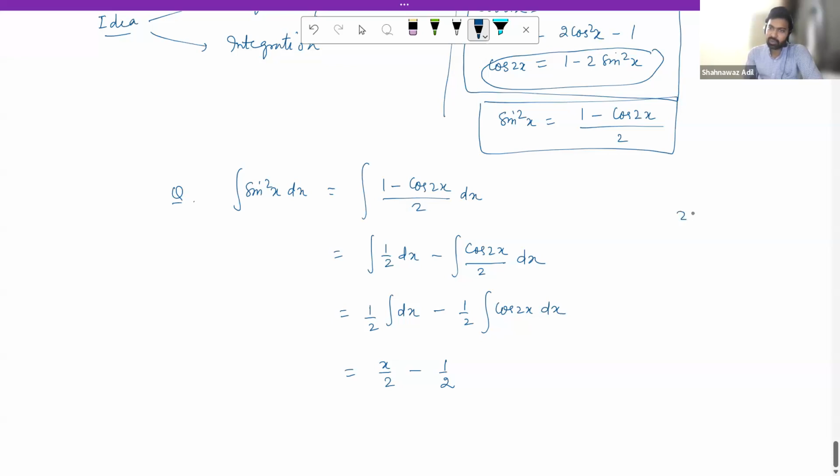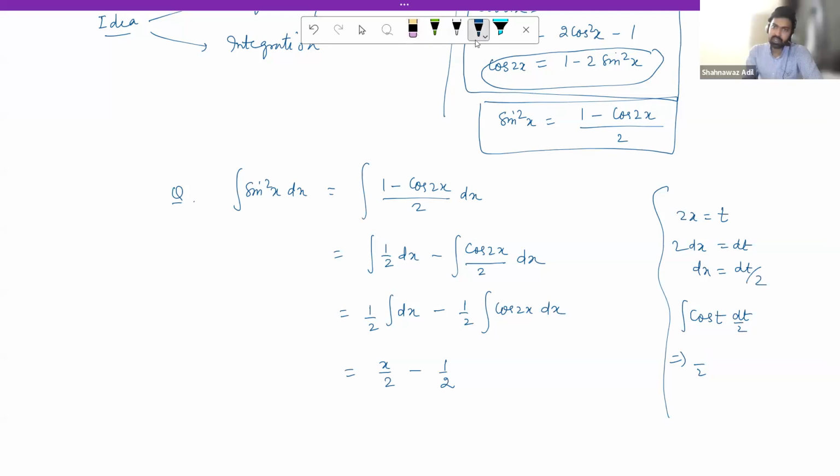So I put 2x equals t, so 2 dx equals dt, so dx is dt by 2, right? Whenever you have some coefficient multiplied inside, you just divide by it. So this is cos t dt by 2, so this would be 1 by 2 minus, not minus, because the integral of cos is positive, right?